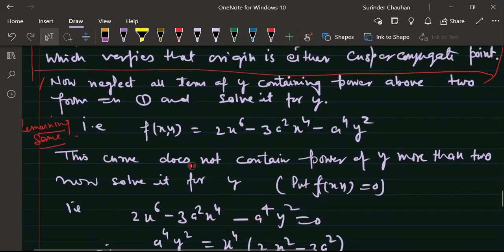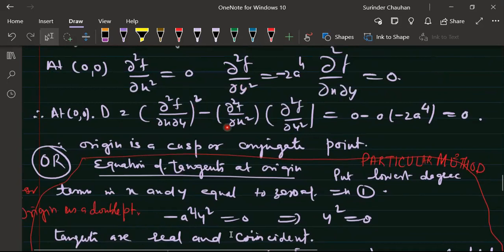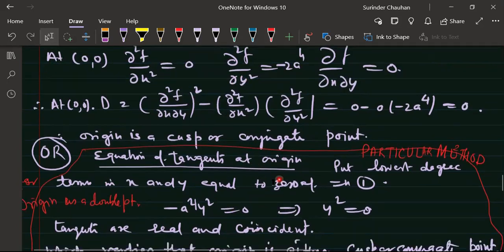Put y squared equal to 0, this implies y squared is 0. Tangents are real and coincident, which verifies that the origin is either a cusp or a conjugate point. Same thing. If you decide by doing this much calculation, the same conclusion we can draw.